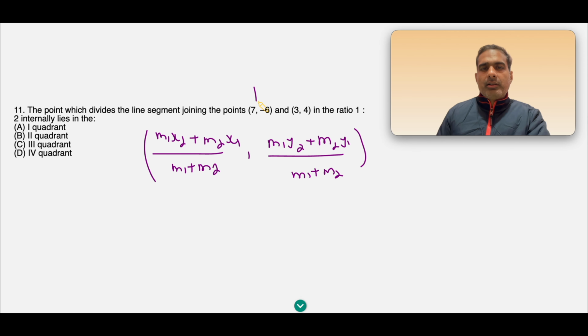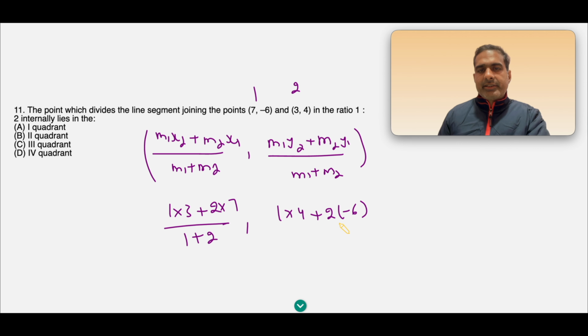So here m1 is 1 and m2 is 2. So we can write 1 into 3 plus 2 into 7 divided by 1 plus 2, and 1 into 4 plus 2 into minus 6 divided by 1 plus 2.